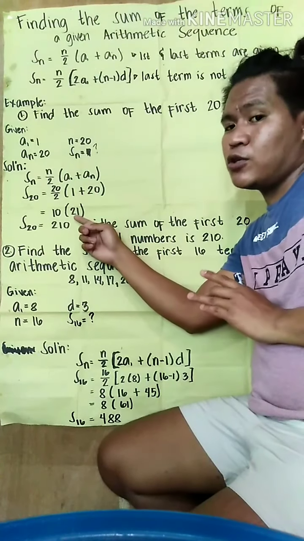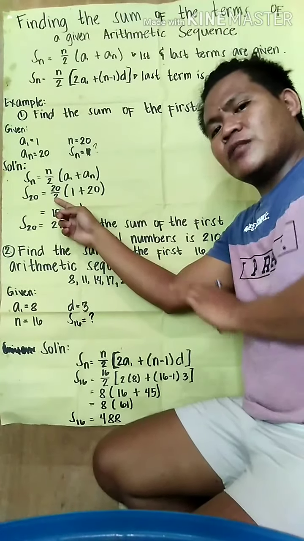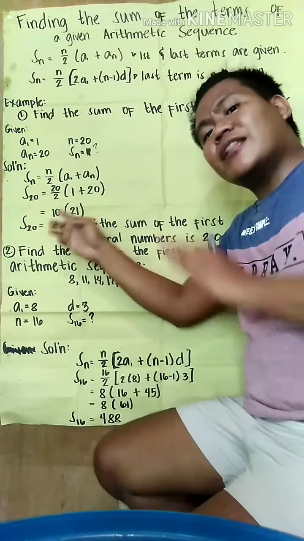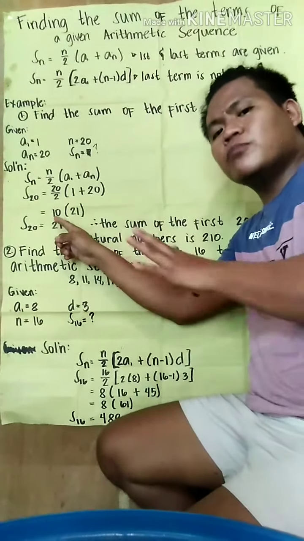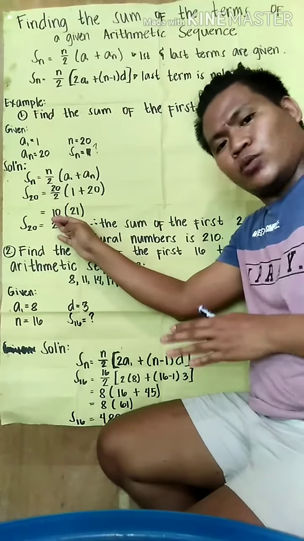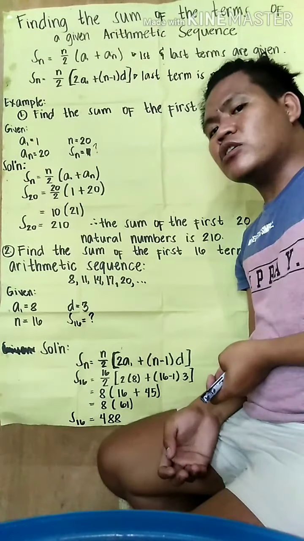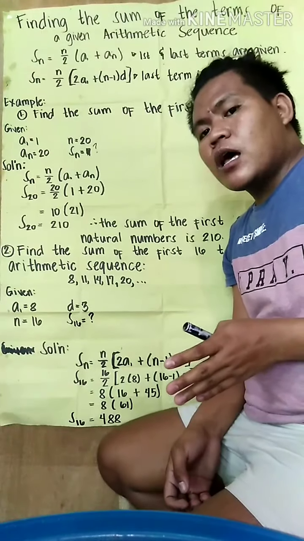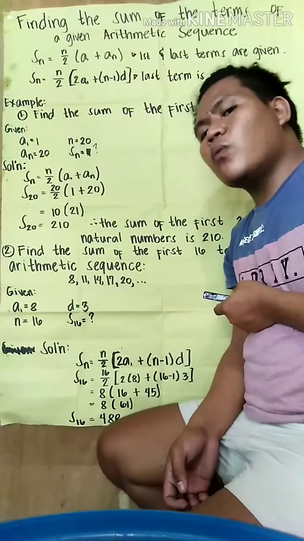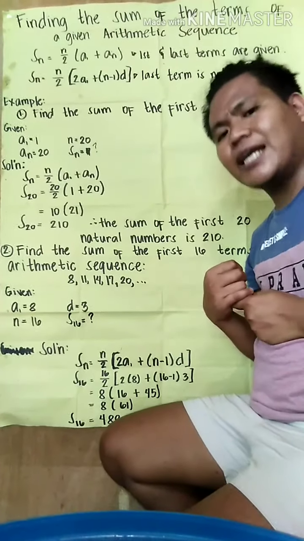20 plus 1 is equal to 21. 20 over 2, or simply 20 divided by 2, is equal to 10. And if we multiply 21 and 10, it will lead us to a product of 210. Therefore, we can conclude that if we add numbers 1 to 20, our answer is equal to 210.